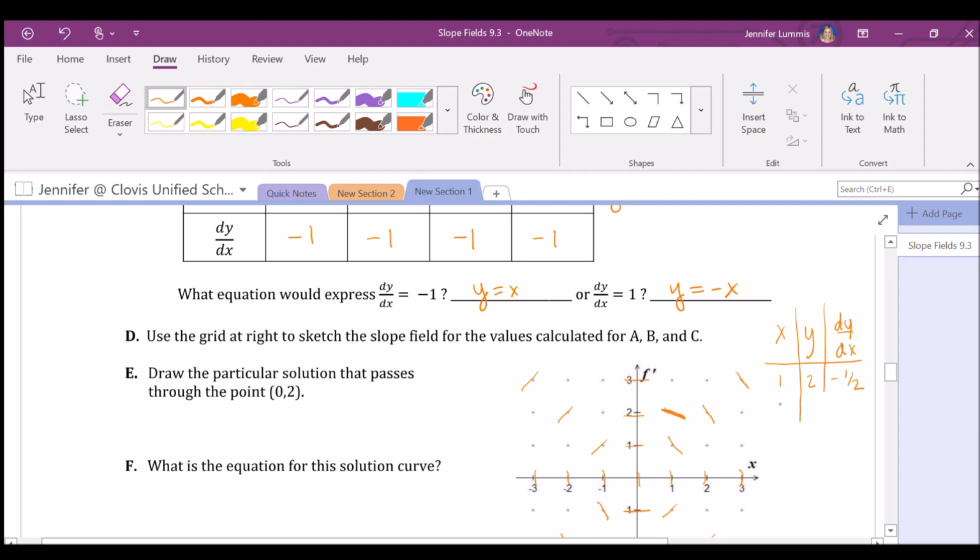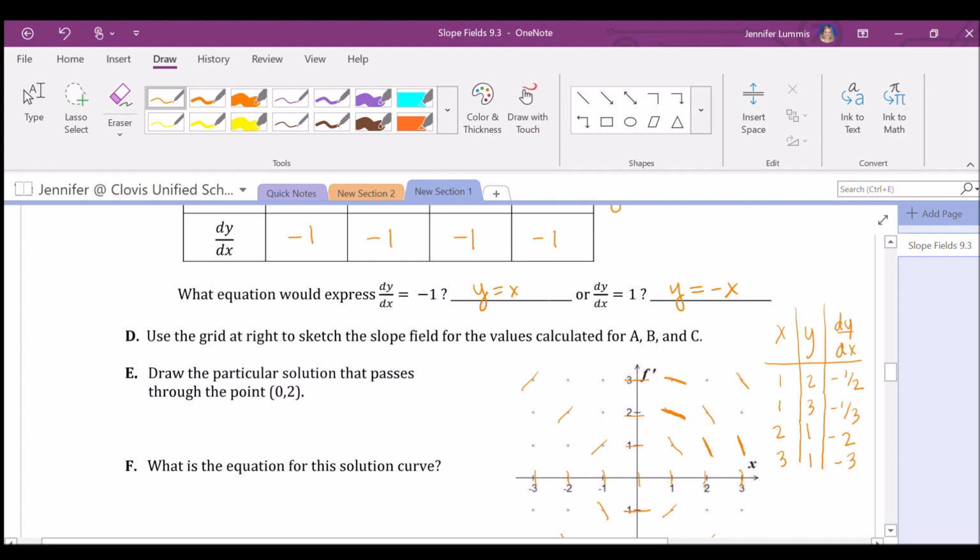Okay, and then we would do the same. 1, 3 would be -1 over 3, so even less steep. And we just want to continue that, so let's try over here with 2, 1. So that'd be -2 divided by 1 is -2. So what about 3, 1? That'll just be -3. Okay, a couple more.